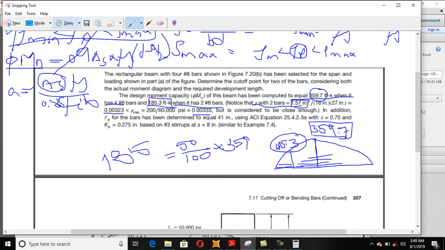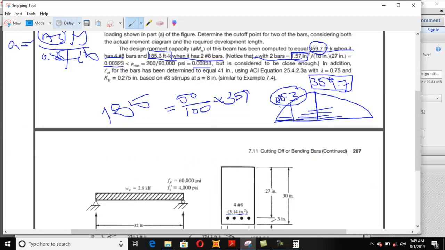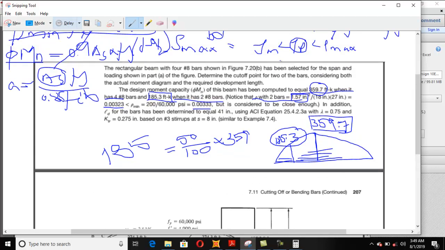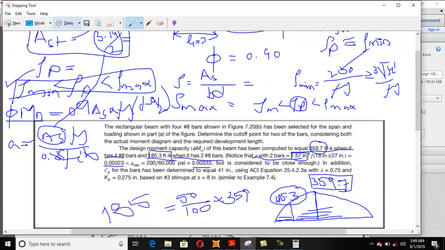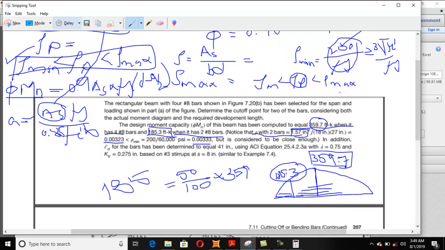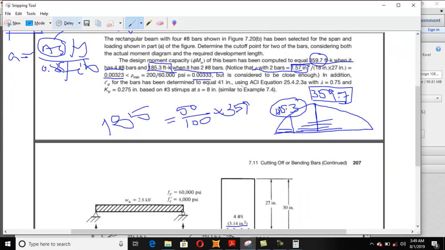Rho minimum is calculated from 200 divided by fy from this formula. This is the controlling formula. Clear? It is considered to be close enough.